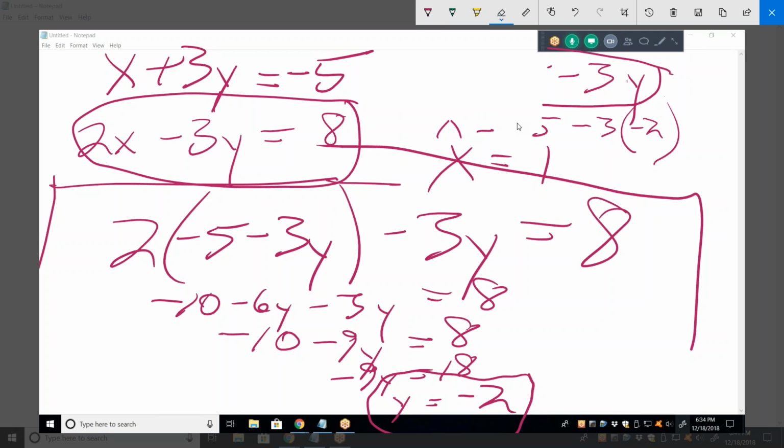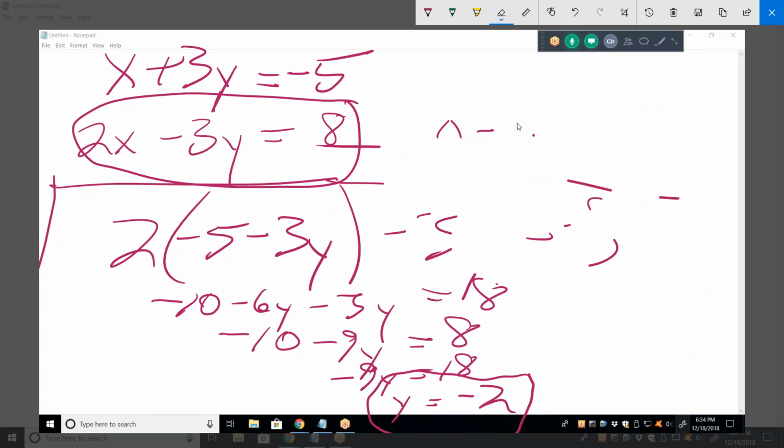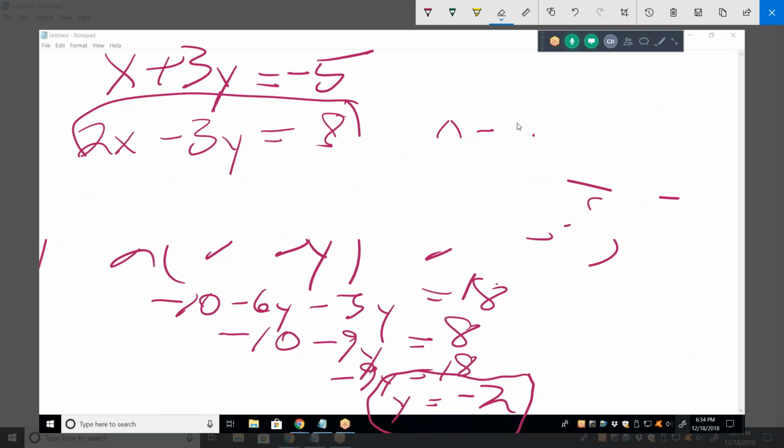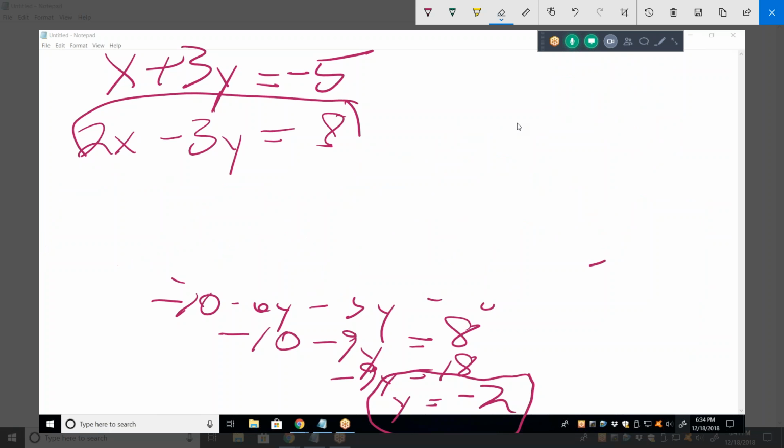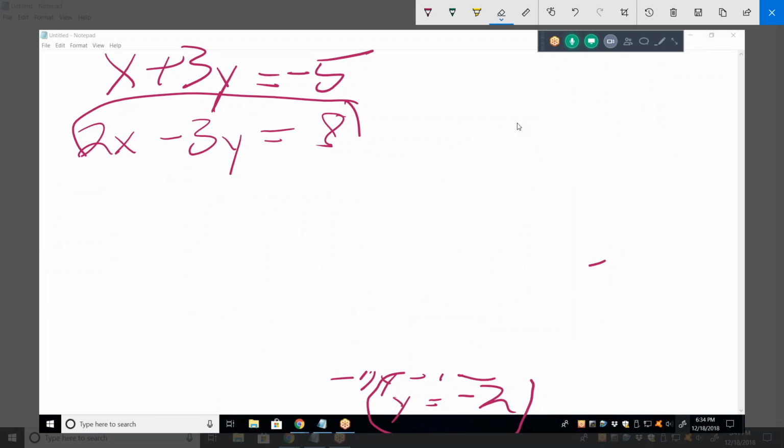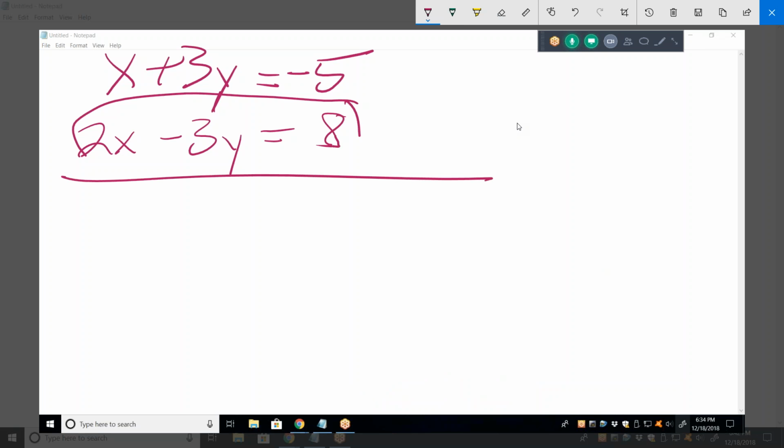Right? I mean, I've got a whole page here full. Okay. Notice how easy it's going to be to use elimination because they're both in standard format. When you have them in standard format, which is all the x's and y's on the left side, and the numbers on the right side, well, how can I eliminate a variable really easily? One step.